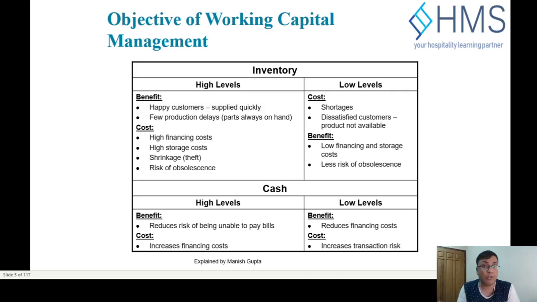If the company has not taken any loan, a low level of cash does not save much because you are not paying anything out of it, but it does reduce the cost of maintaining it. What is the cost of maintaining the cash? The cost of maintaining the cash is definitely insurance, security and other aspects. If you have a low level, you have to pay low charges. If you have a high level, you have to pay high charges.